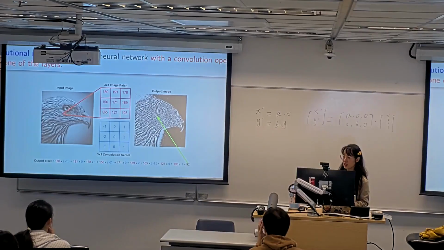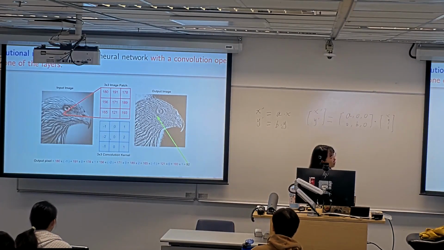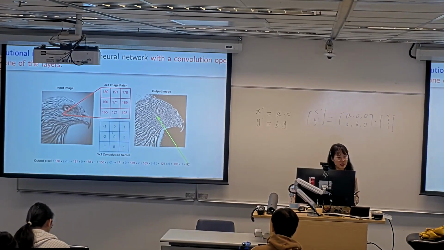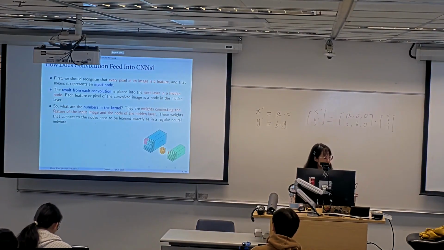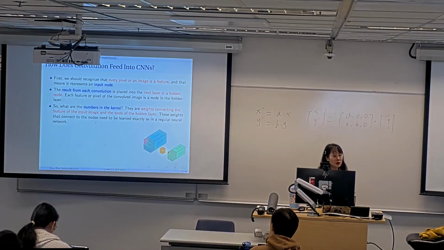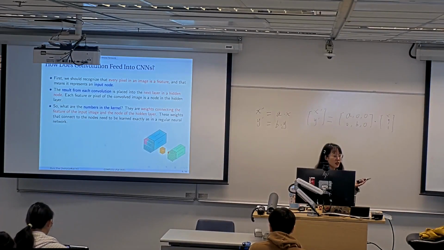During backward propagation, we update all the parameters. So that means we will update all the weights, all the kernel values, during backpropagation in training a CNN. So this is very important. You need to understand it before you know how to train a CNN. When we're talking about training a CNN, we already include that we should learn the parameters of all the kernels, the entries in the kernel. So the kernel values are automatically learned by the CNN.